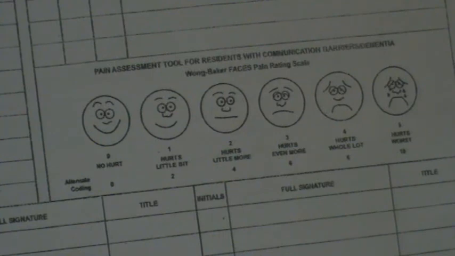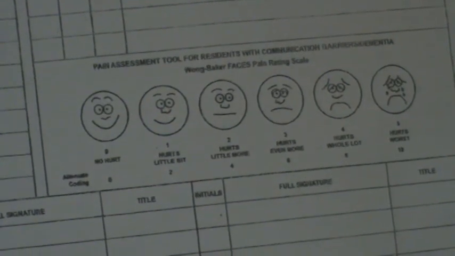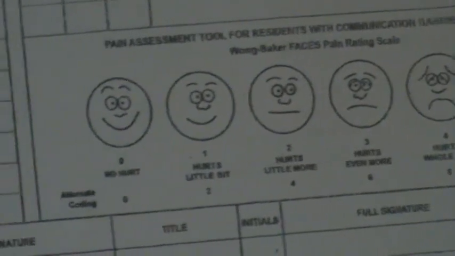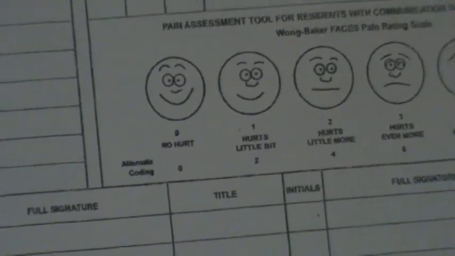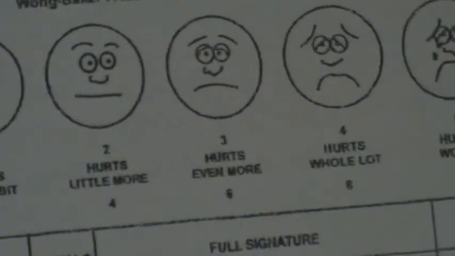Then you look at the person's facial expression and try to estimate the level of pain. Here they give you pictures to guide you. If the person is smiling, that means they have zero pain. Here, 1 and 2 hurts a little bit, 2 to 4 a little bit more, 3 to 6 hurts a little more.